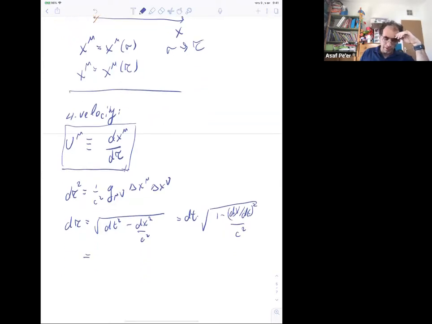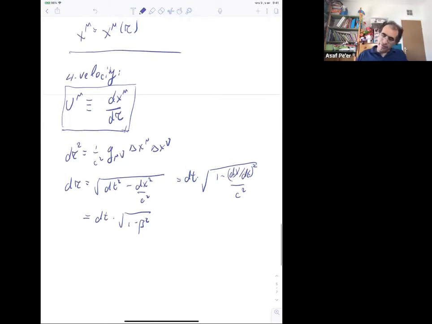So this is just dt times the square root of 1 minus beta squared.